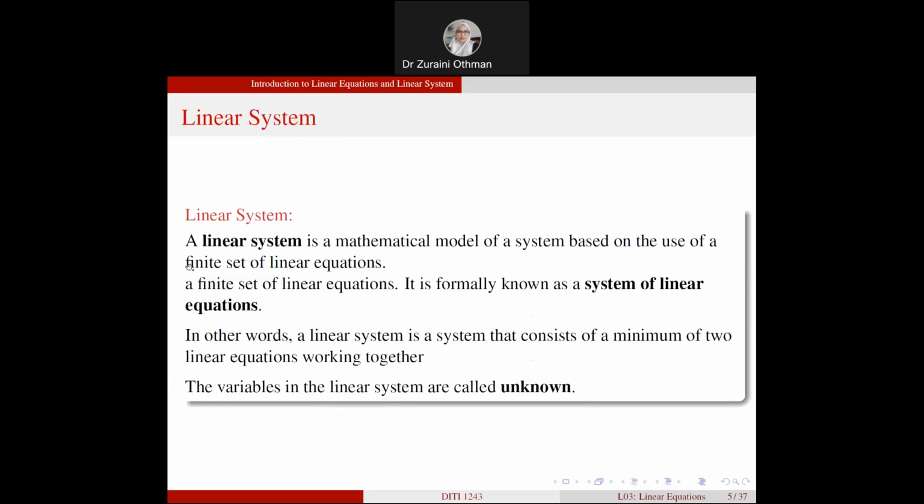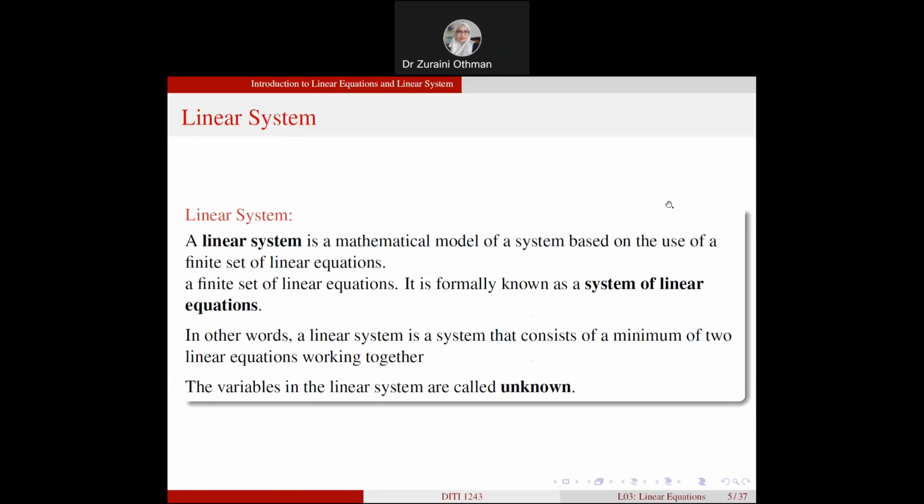We know the number of linear equations, whether 5, 6 or 7 linear equations are involved. Meaning we can determine how many are involved. It is not infinite. It is a finite set of linear equations. It is formally known as a system of linear equations.